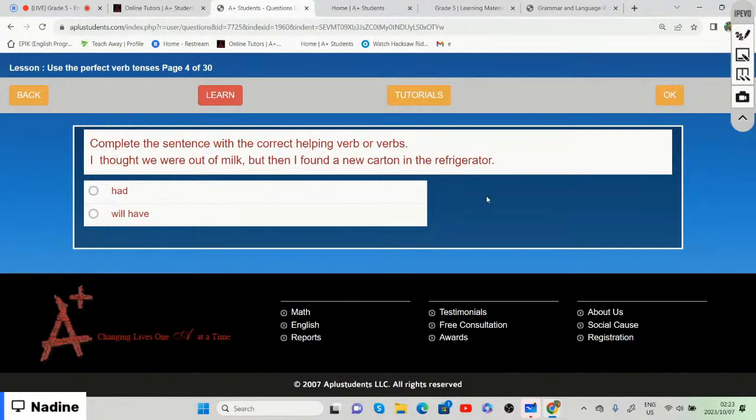We need to choose the helping verb. It's either had or will have.